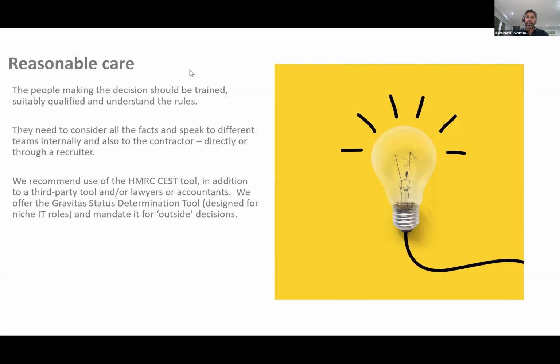So we do recommend the use of the HMRC CES tool. Okay, so that's available for everyone to use. It sometimes doesn't provide you with a determination at the end, but we do recommend that you add to it. You look at it and you take a look whether it's inside, outside, or whether it's got no determination. But you've also got to look at exactly what I mentioned before, who's completing that, and is there a conflict of interest within them. Also, the CES tool is based on a very mathematical calculation.